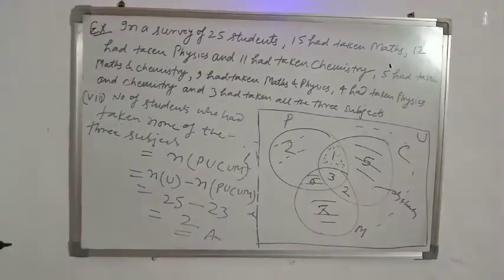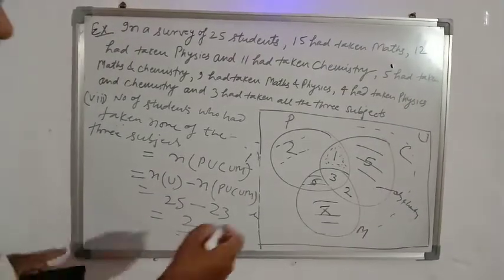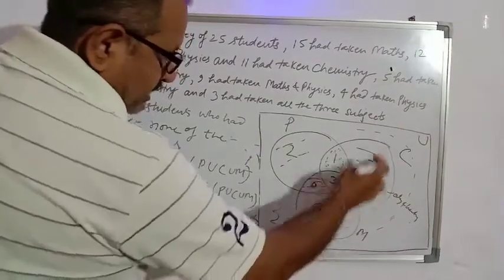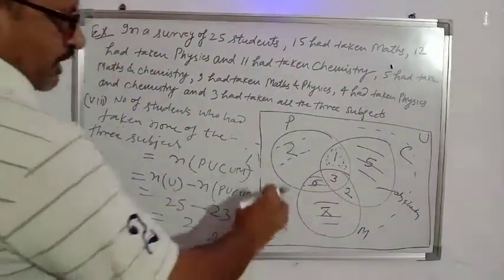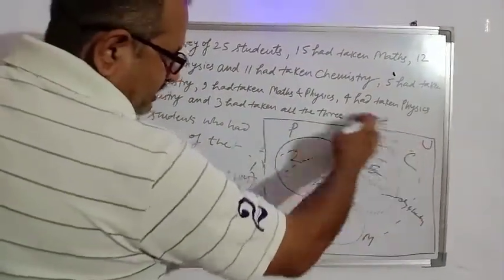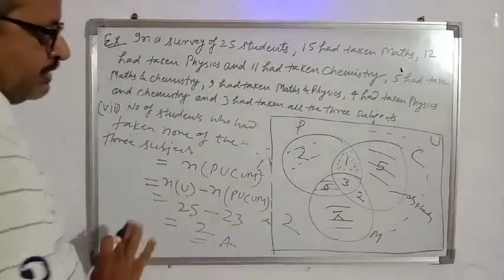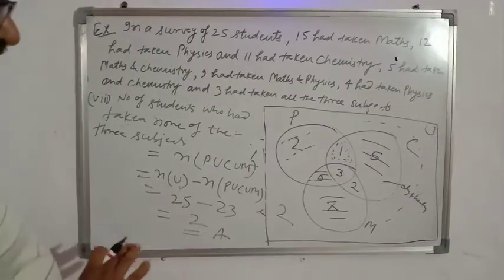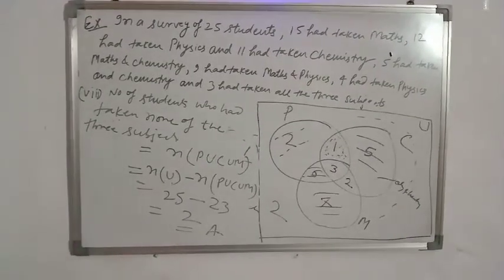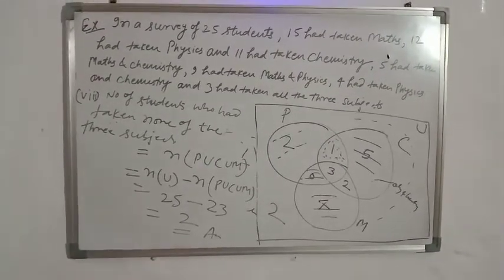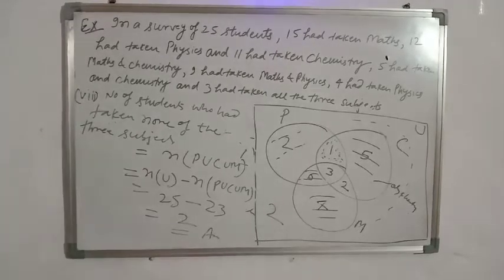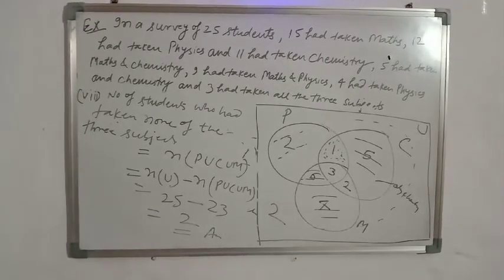So 2 students had not taken any subjects. We can write 2 outside the circle. The remaining part of the universal set represents the number of students who had taken none of these three subjects. So in this way we can find the solution of the given question using the Venn diagram.